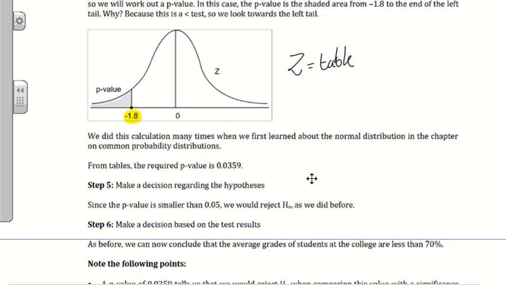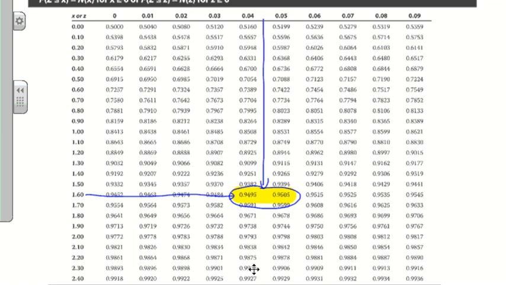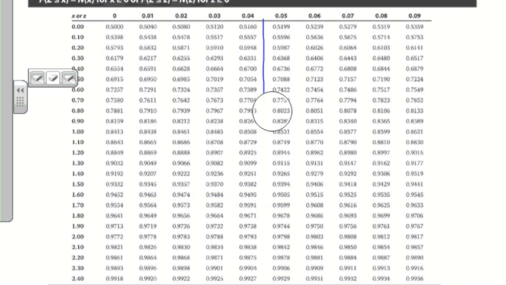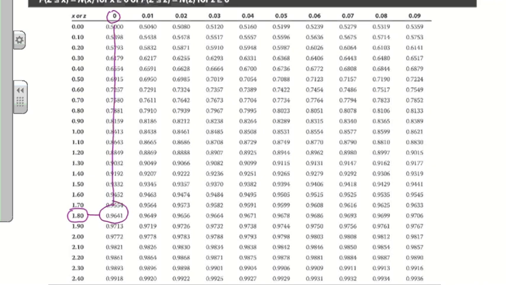Let's go to the Z table and see if we can find 1.8. Let's just clean it up over here. There is 1.8. Is everybody comfortable? We go down, down, down, and there's my number.